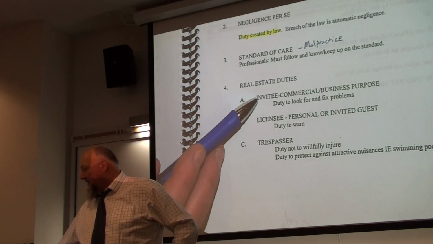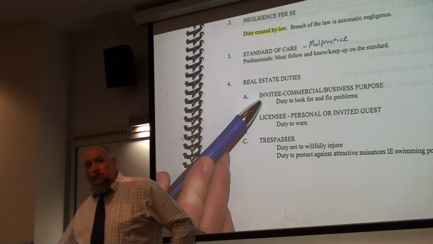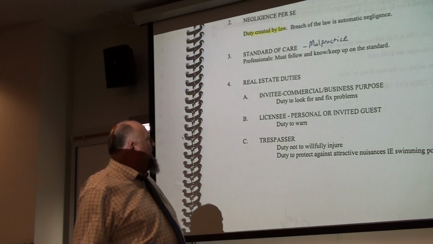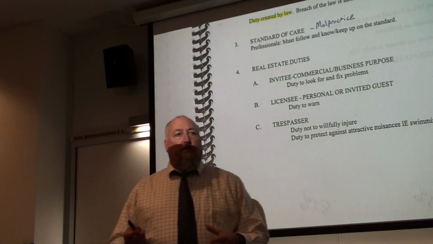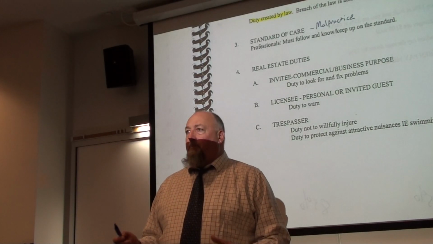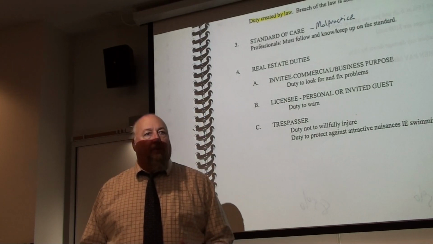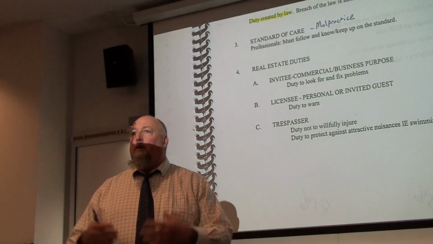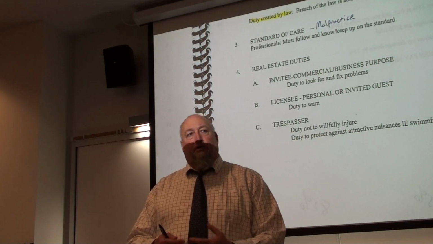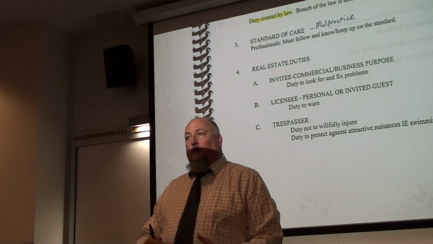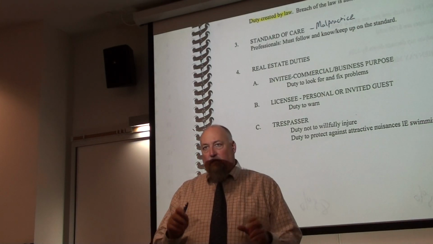And this is called, in either phrase here is acceptable, an invitee. So this is the idea that somebody comes onto your property for a commercial business purpose. You are essentially inviting them onto your property. You're open to the public, so you have the highest standard of care to make sure that they do not get injured. If they come on your property, they're considered an invitee.